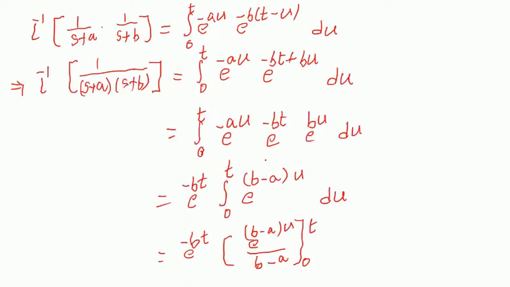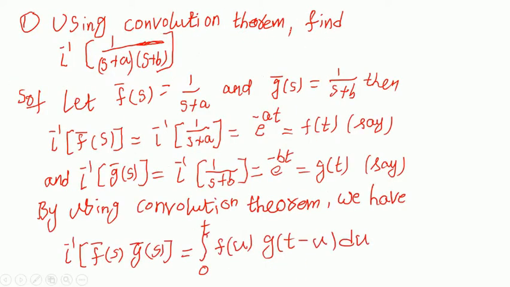What is that? See the first problem. Using convolution theorem, find L inverse of 1 by s plus a into s plus b. So this is in the form of L inverse of product of two functions, right? By using the convolution theorem we can find the inverse Laplace transform of product of two functions. If you want to find L inverse of 1 by s plus a into s plus b, first we have to choose f bar of s and g bar of s.